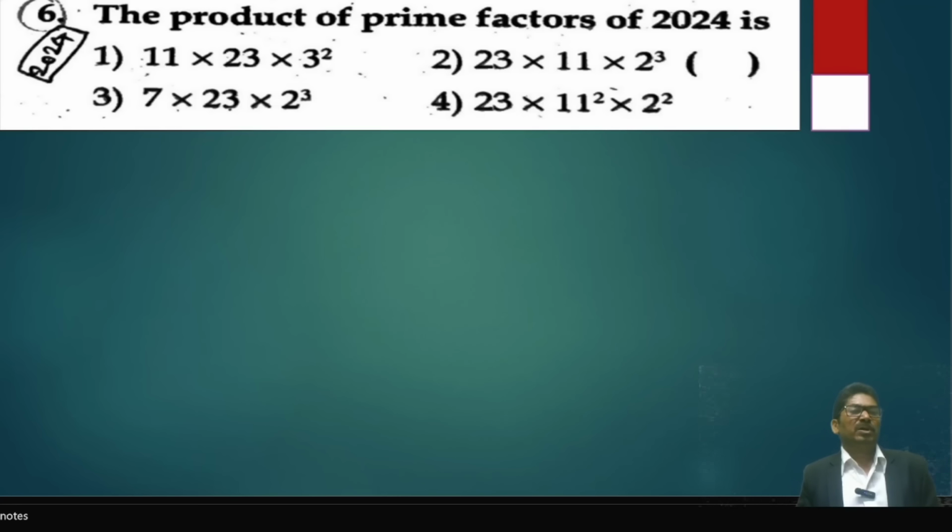Next question 6. The product of prime factors of 2024 is?